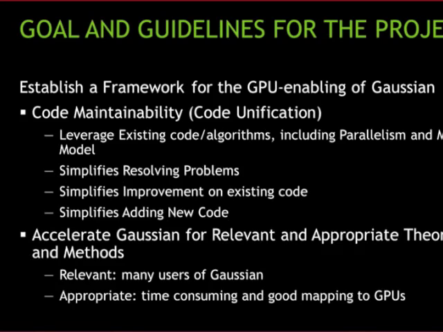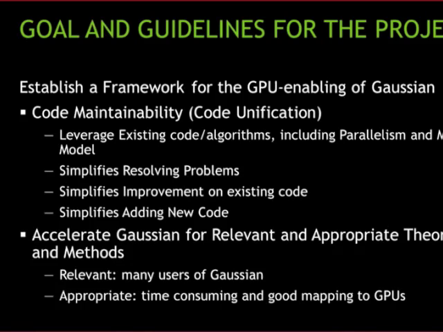Of course, at the end of the day, the idea is to accelerate the program execution. And so we will be looking at performance, even though it's not the first goal as we are working towards the enabling of the code. So when I present the results later on, bear this in mind.